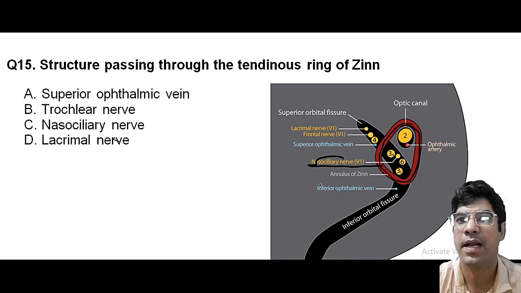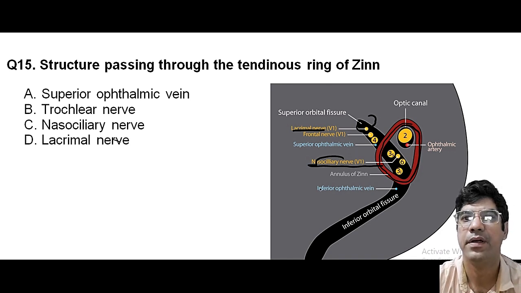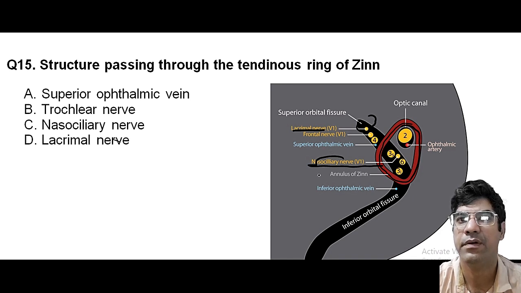The lacrimal nerve does not pass through this ring. The trochlear nerve also doesn't pass through this. The superior ophthalmic vein does not pass. So your answer is nasociliary nerve.